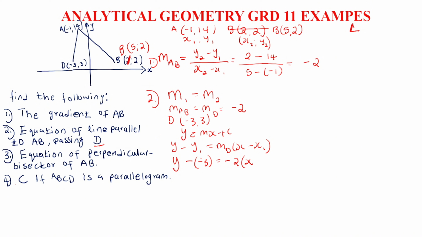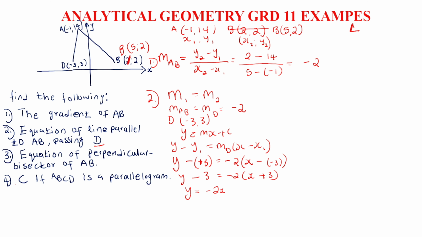Therefore, y minus 3 equals minus 2 times (x minus negative 3). Let's use the negative inside first, plus 3. Therefore, you will take this 3 to that side.